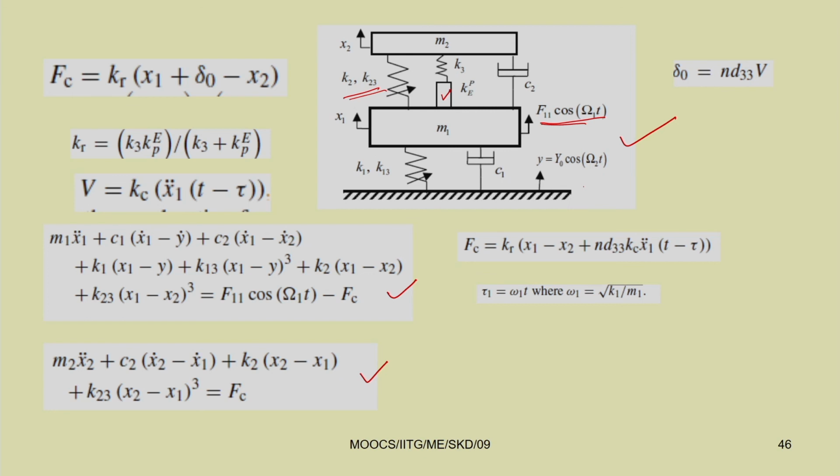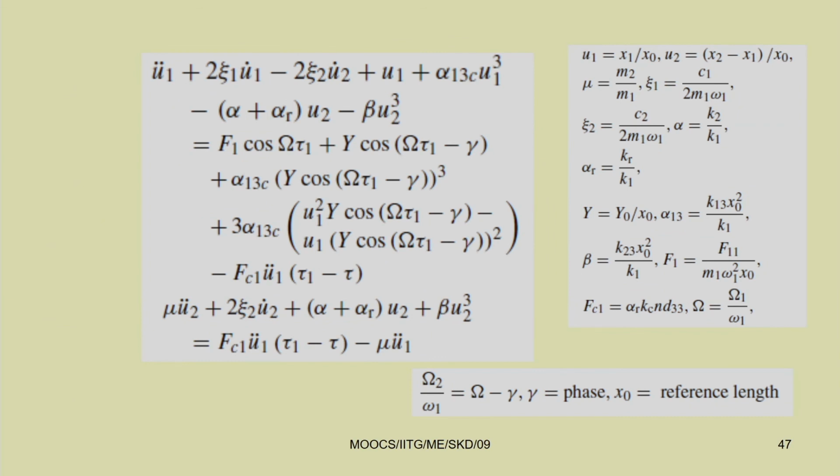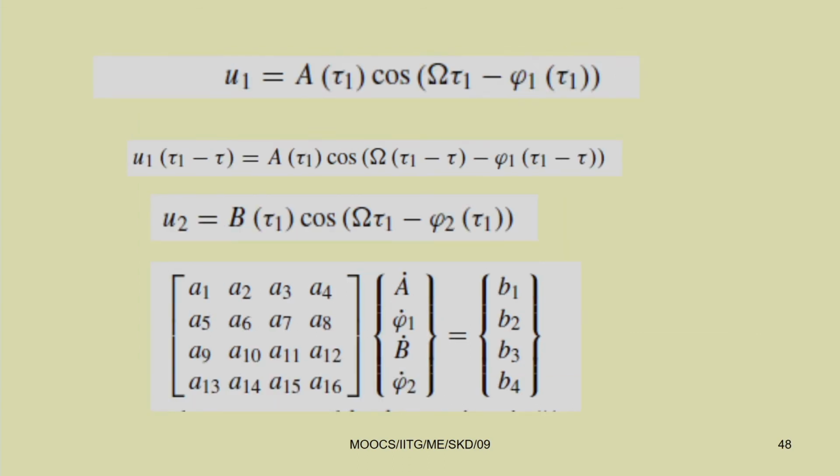In these nonlinear equations of motion, you can use the harmonic balance method. For example, u 1 equal to a tau 1 cos omega tau 1 minus I 1 tau 1, and u 2 equal to b tau 1 cos omega 1 tau 1 minus I 2 tau 1.